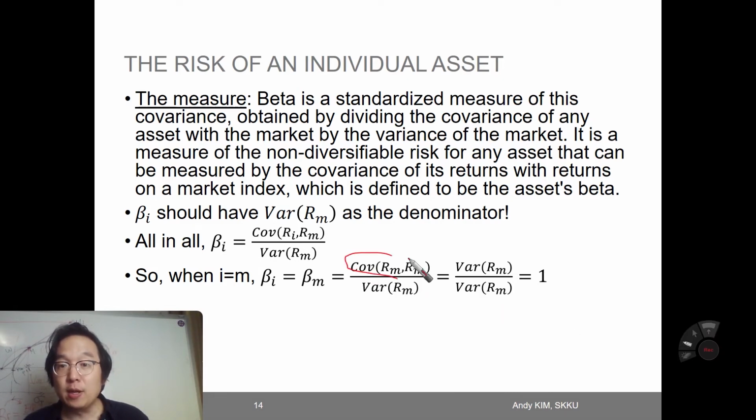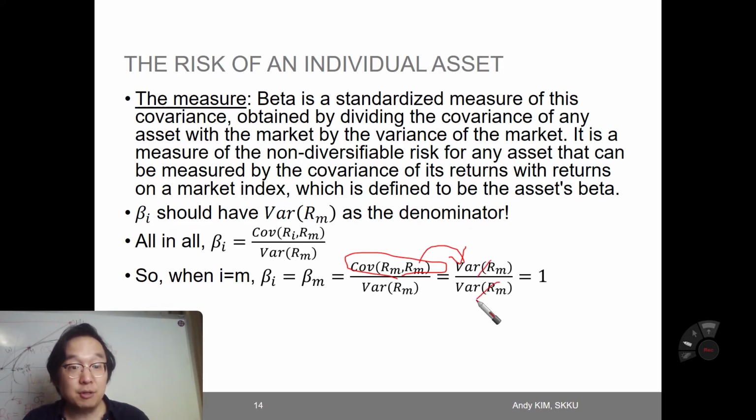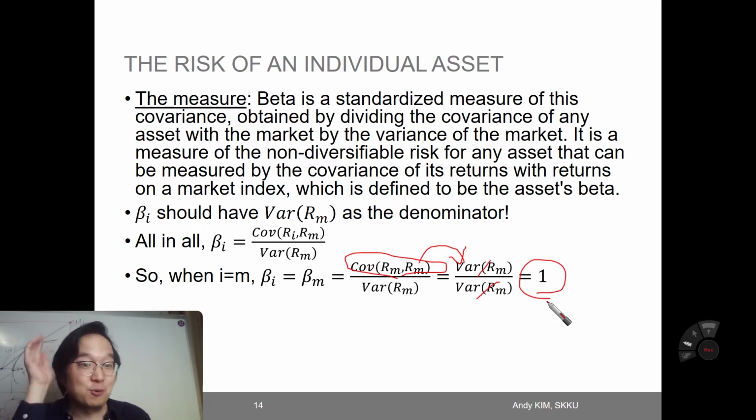That's the variance, and they cancel each other out, so much so that it will be 1. So the important thing over here is that the beta of a market portfolio has to be, by definition, what? 1. I'm going to ask you this question in your exam, so you have to make sure you check this one. All right, so market portfolio beta has to be 1.